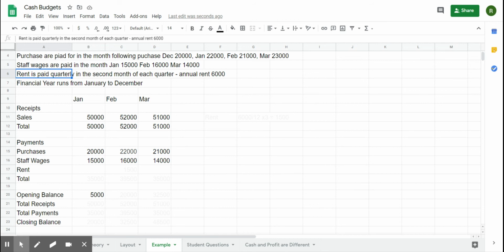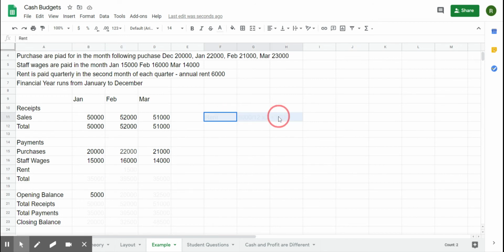Because the financial year for this business runs between January and December, a quarter of the year is 3 months. Be very careful. It's quite common when I've been an examiner to see people putting in quarterly figures every 4 months. It's every 3 months, and it's paid in the second month of the quarter. So the quarter that goes January to March, the second month is February.